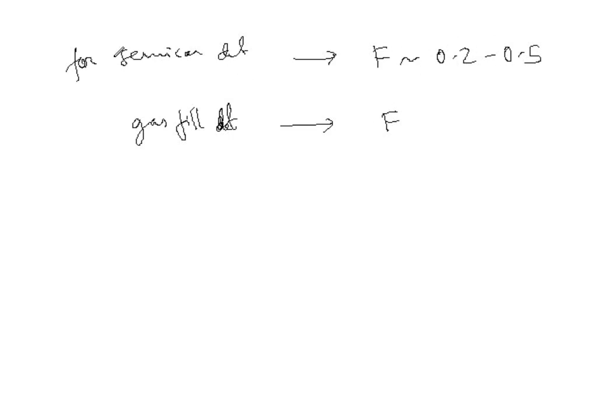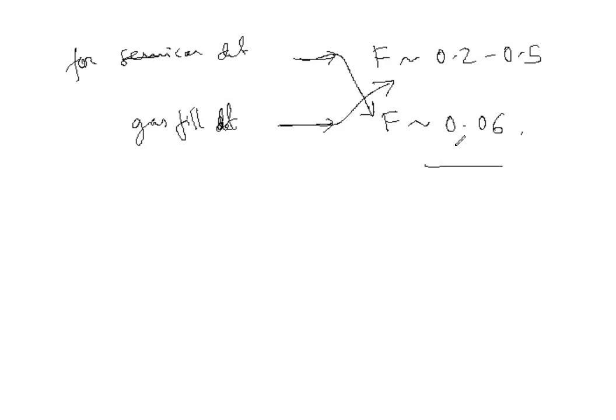Just a second, I made a mismatch. So basically for gas filled detectors it is this value 0.2 to 0.5, and for semiconductor it is not this one, but it is very small. It is 0.06. This is important.